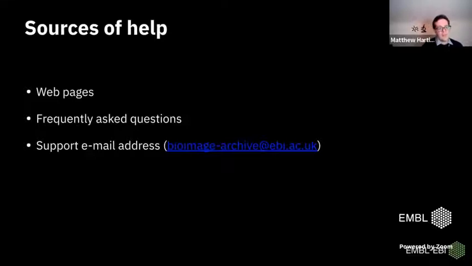There's a help section there, which I'll show on the next slide, that covers a few things that particularly require further explanation, like the search system. There is also a more detailed frequently asked questions page linked from there. And finally, we have a help desk that's usually fairly responsive to new queries, at BioImage Archive at ebi.ac.uk, and we're always very happy to talk to you through that route.